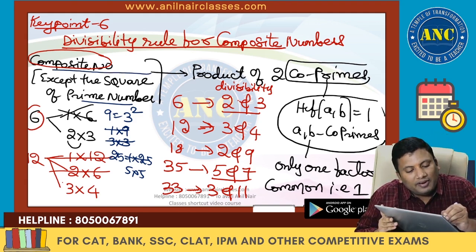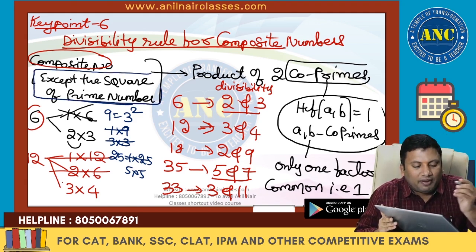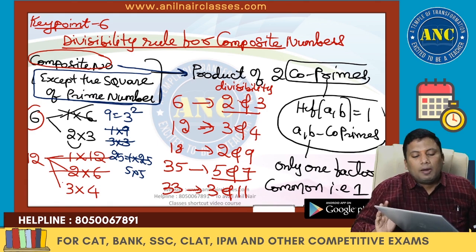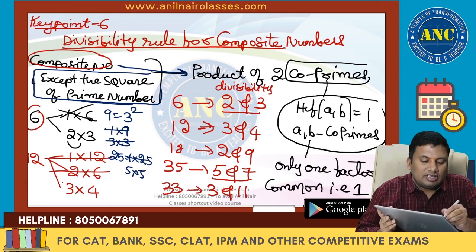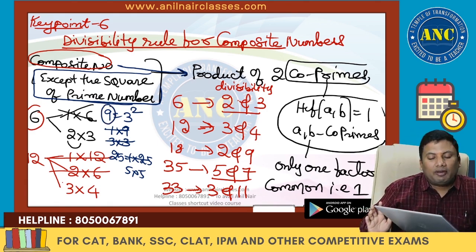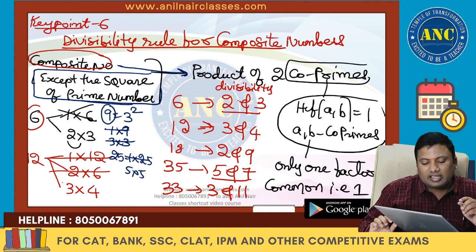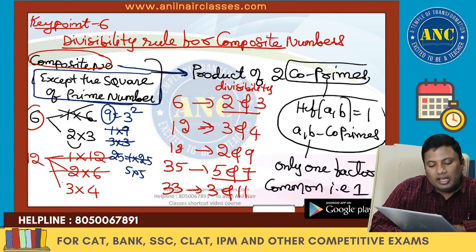In every case except the square of a prime number, every other composite number can be written as a product of coprimes. If it is the square of a prime number, we will use Euler's theorem. For enrolled students, I have already discussed 40-50 questions only on Euler's theorem.